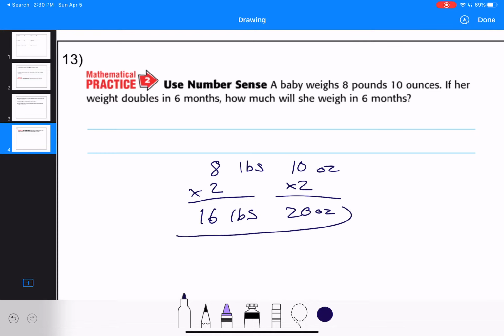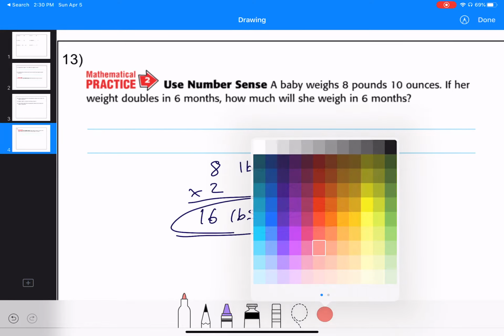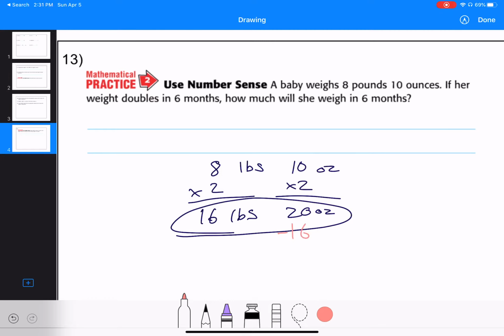And that actually would be the appropriate answer. However, we could also take away 1 pound from the ounces because 16 ounces equals a pound. So if you take away 16 ounces, that's the same thing as taking away 1 pound. And we'd have 4 ounces left, and this 1 pound would go over here. So the best answer would be 17 pounds and 4 ounces.